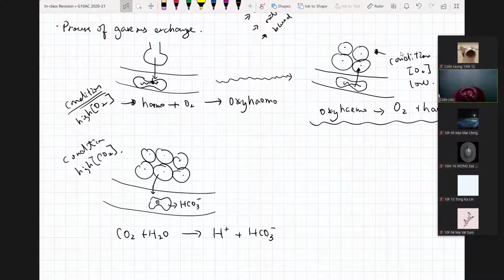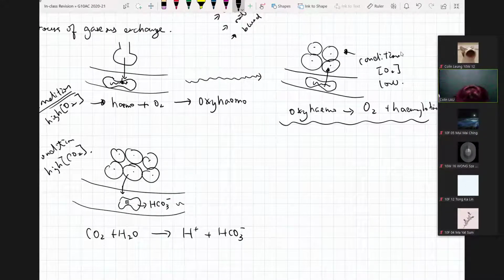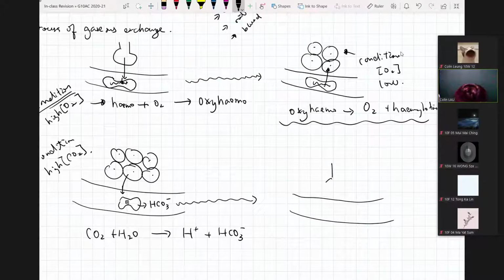So this HCO3 minus keeps traveling, eventually back to the air sac here. So the condition here is that it has low CO2 concentration.